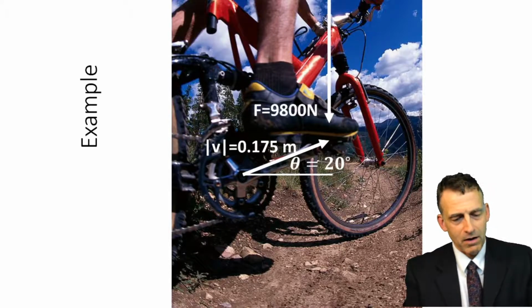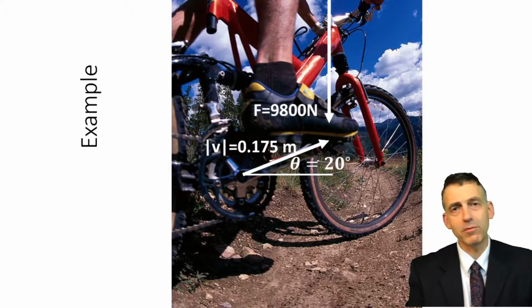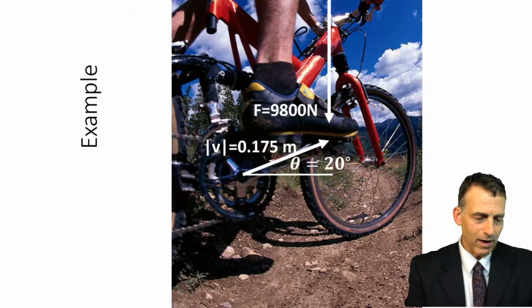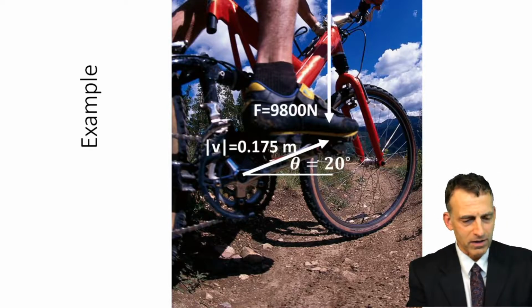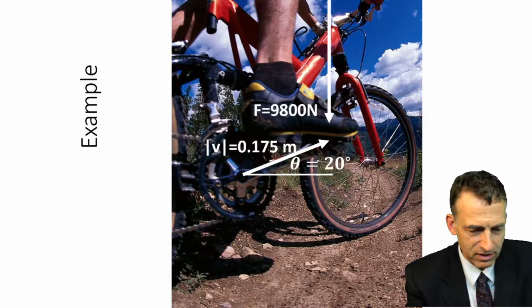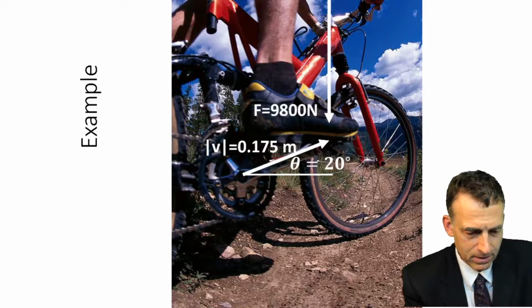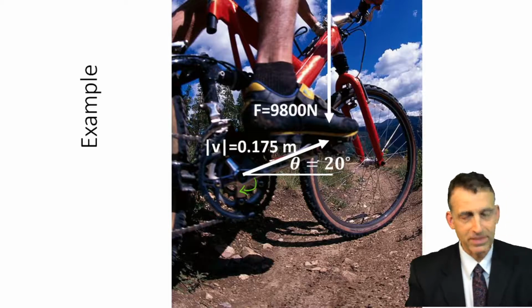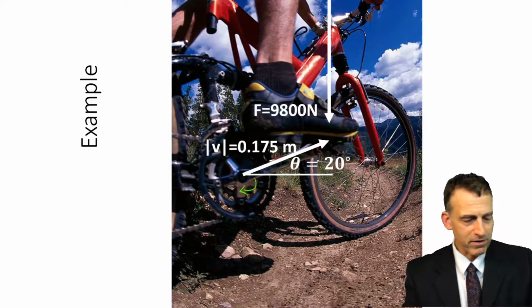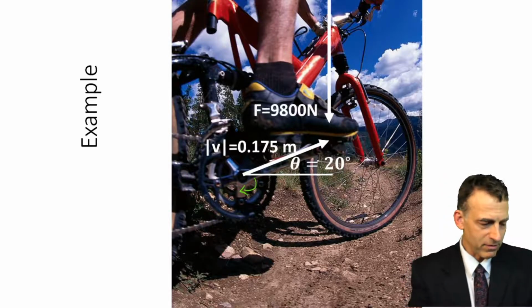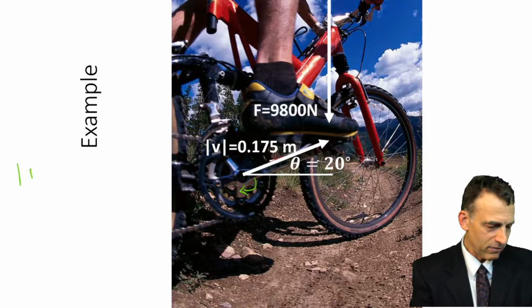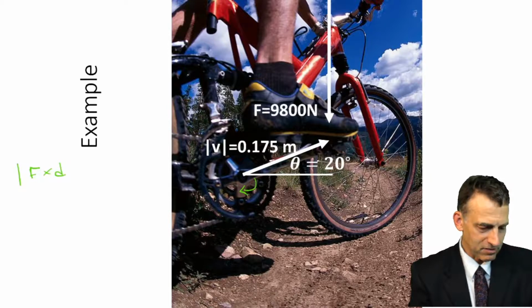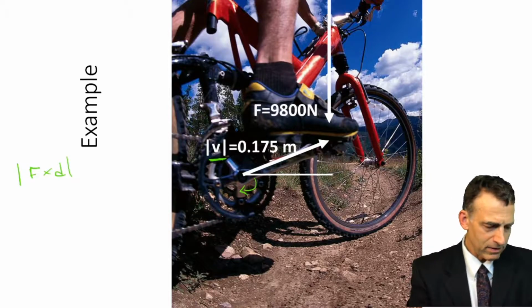We can do this one of two ways, but I'll do it the easy way. I want to find the amount of torque at that axle. The torque is going to be the magnitude of F crossed with D. In this case I'm using V, but wait, what did I use back here?